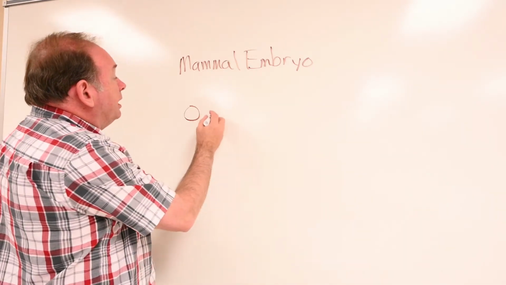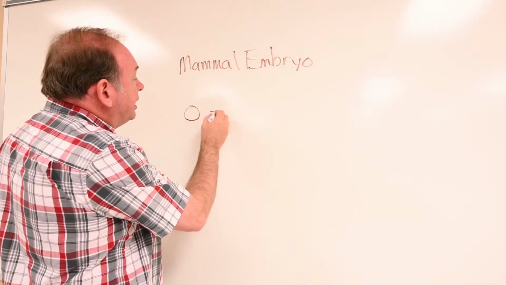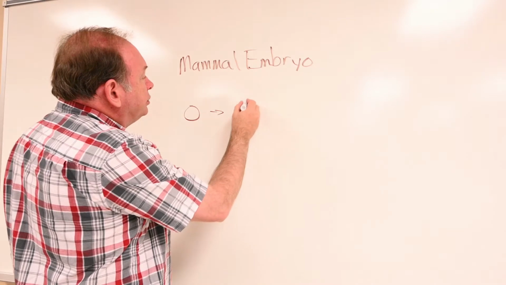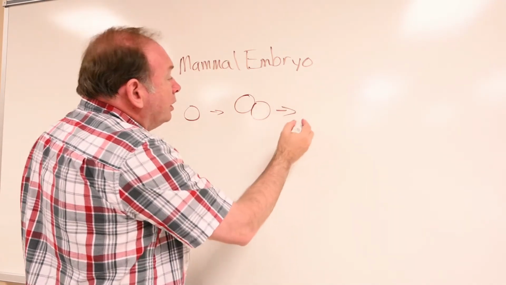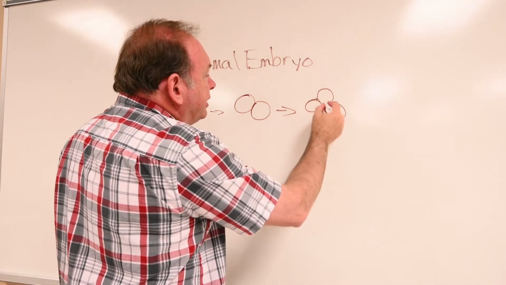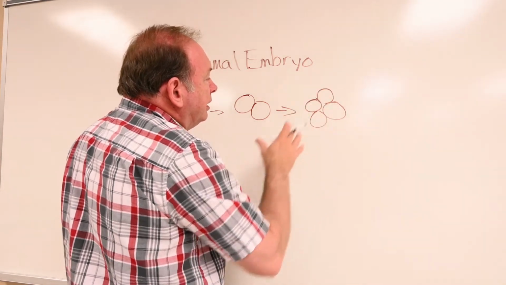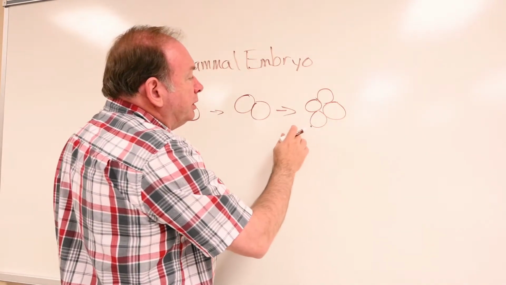We go from a one-cell stage to a two-cell stage to a four-cell stage, and here the cells are kind of offset to one another, kind of a tetrahedral arrangement.